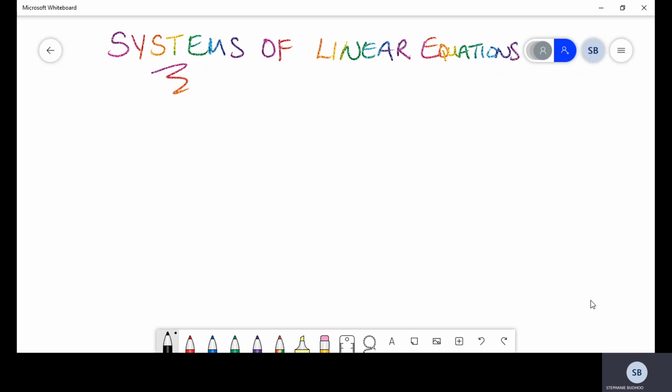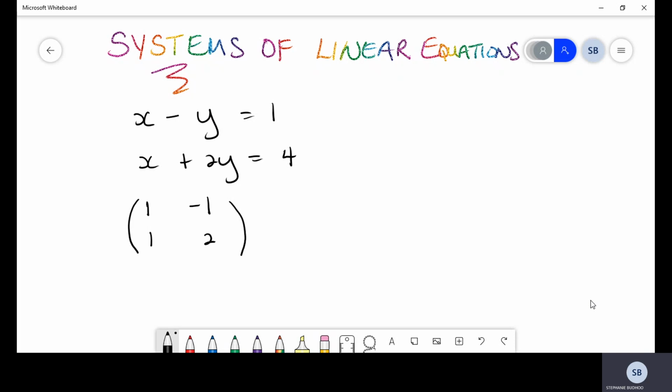For example, I'm going to look at a basic simultaneous equation here: x minus y equals 1, and 2x plus 2y is equal to 4. We have a pair of simultaneous equations, and you know we can write these in matrix form, where we take the coefficients of the variables and rewrite those in a matrix format.